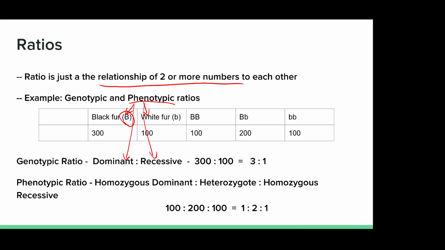So in this case, the ratio of dominant to recessive is 300 to 100, but you can divide both of these by 100. And if you can divide both of them by 100, well then, boom, 3 to 1 ratio. And that is what you want to report out, and that's what you want to look at for your answer. If you look at 300 to 100 or 150 to 50, chances are you're going to be still looking because it really needs to be in the lowest form, or the simplest form, I should say.